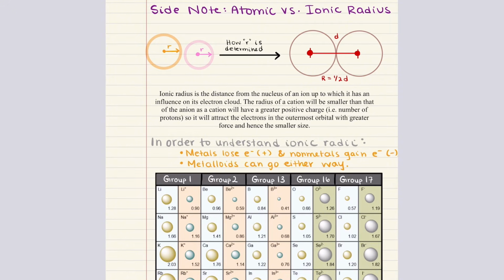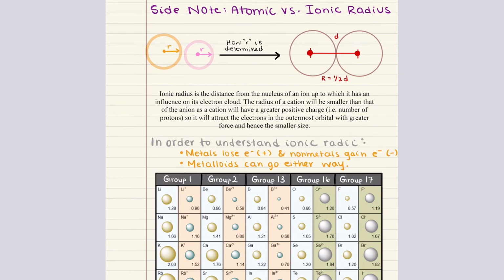Now, atomic radius, this average distance, is not a fixed physical boundary, because electrons exist in regions of probability rather than following specific orbital paths. And because electrons are constantly in motion, measuring the atomic radius by examining just a single atom is impractical.